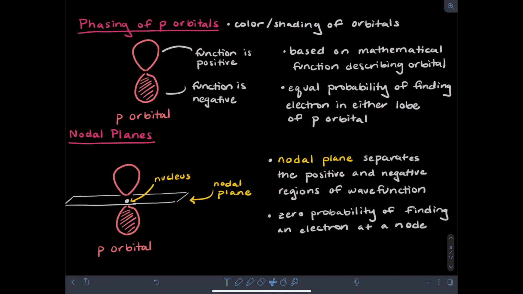You have a 0 probability of finding an electron in this nodal plane, which for the p orbital means you have a 0 probability of finding the electron at the nucleus. Restated, this means that there is no electron density at the nucleus for a p orbital.